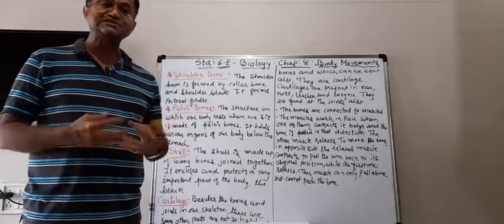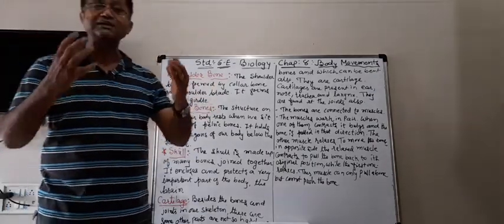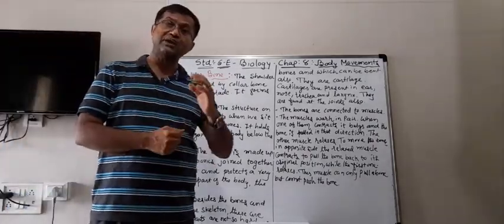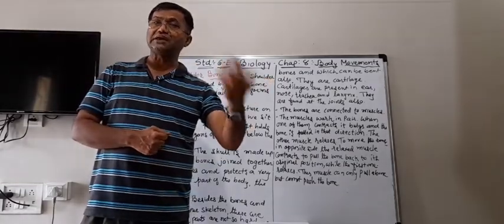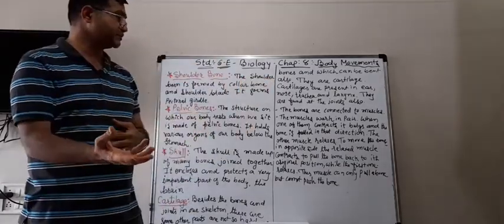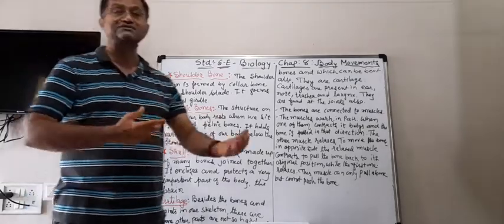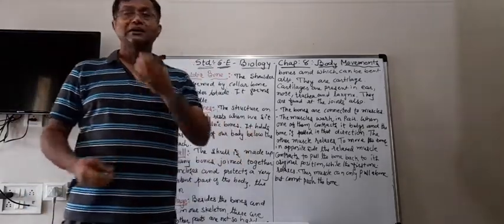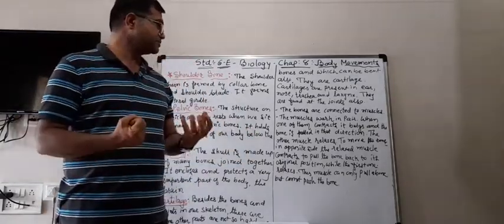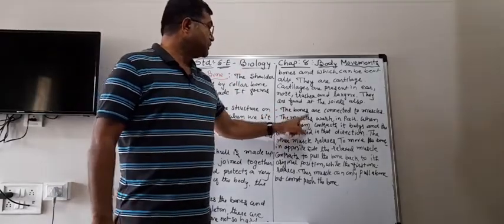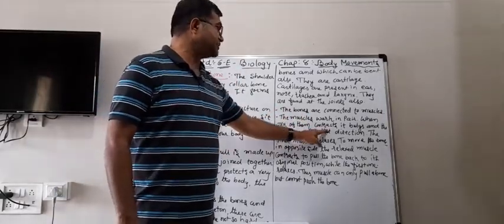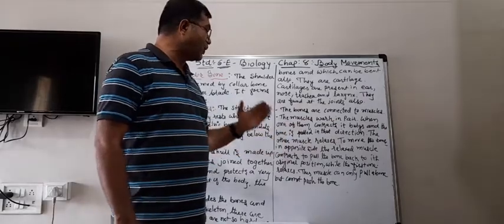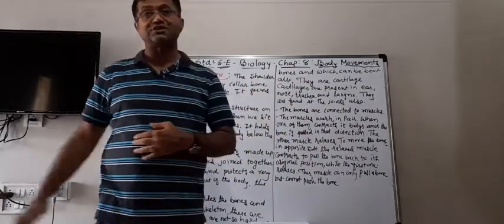Now, the muscles, as I told you, work in pairs. It means one contracts, then the other is relaxing. Contraction and relaxation are going on there. When one of them contracts, it bulges and the bone is pulled in that direction.